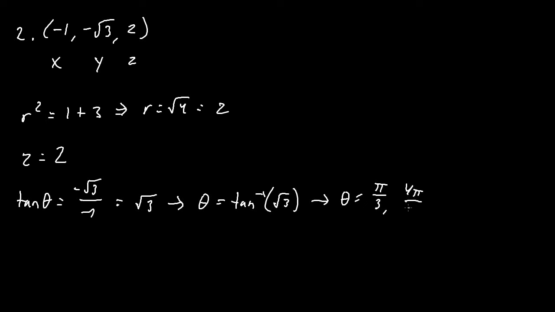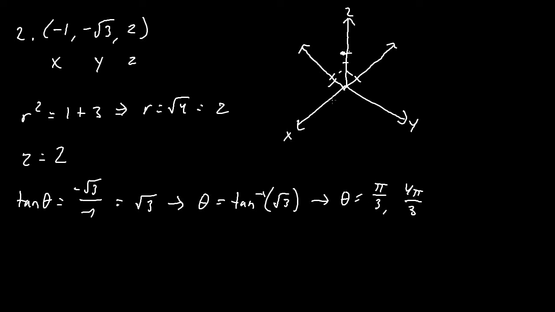Let's go ahead and graph these rectangular coordinates to see which one it is. So negative 1 on the x-axis, and then negative square root of 3 on the y-axis. Square root of 3 is a little bit bigger than 1, so it's going to be somewhere around here. And then we're going to go up 2 on the z-axis. So the point is going to be somewhere around here.